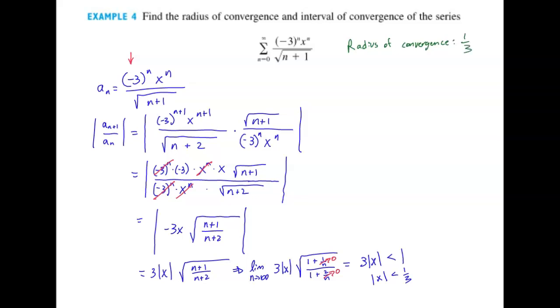The interval of convergence is just solving that inequality. And when you solve that inequality, you're going to get x needs to be between negative and positive 1/3. That's it.